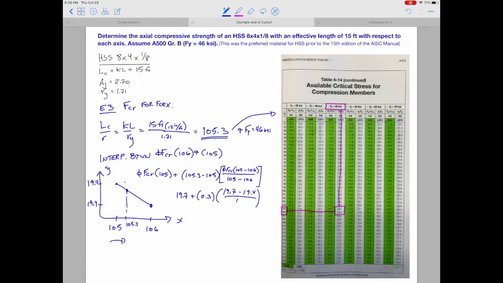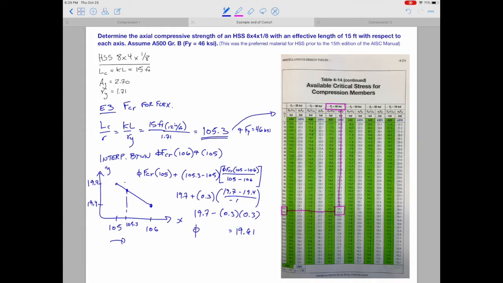Of course, this is over minus 1, so I get 19.7 minus 0.3 times 0.3, and that gives me 19.61. Scoot that over a little bit.